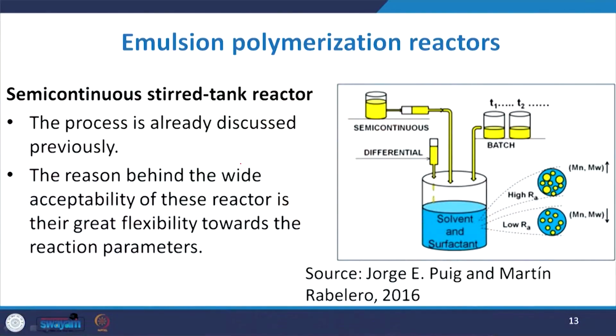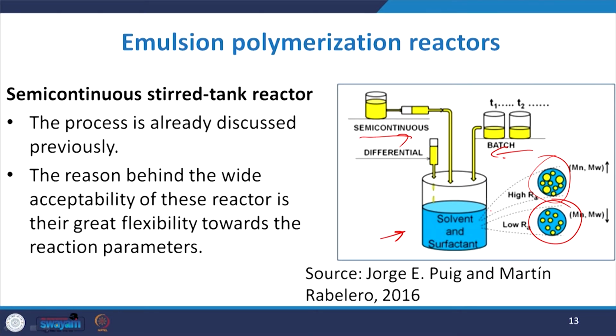Now, let us have a look at the semi-continuous stirred tank reactor. This process we have already discussed in the previous lecture. You see that this is a solvent and surfactant, then these are the semi-continuous batches, and you may find different polymers having different number average and weight average molecular weights. The reason behind the wide acceptability of these reactors is the great flexibility towards the reaction parameters.